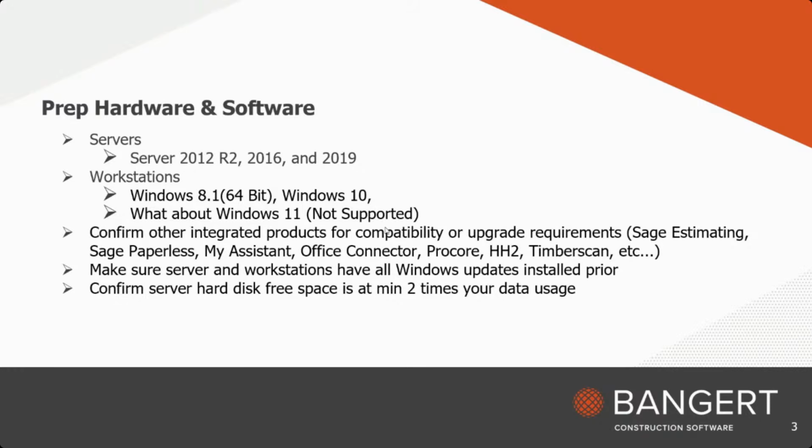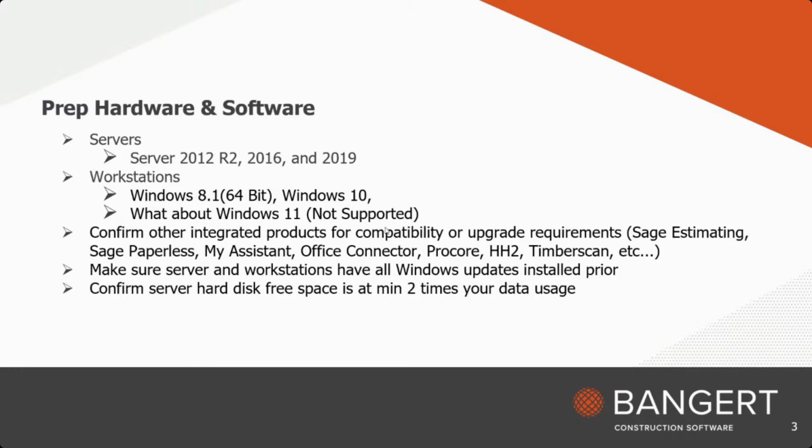So as long as you're not still on Windows Server 2008 R2, generally you should be okay. Specifically, you're going to be able to use on your server 2012 R2, 2016, and 2019. On your workstations, you're generally going to be able to use Windows 8.1 and Windows 10, but again, not Windows 11.